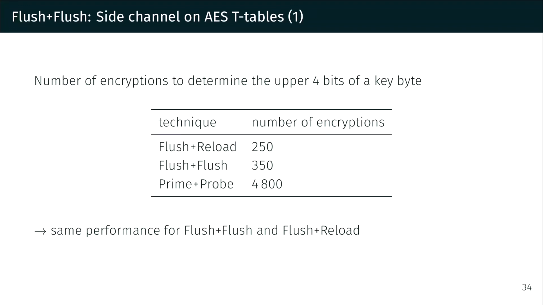Flush+Reload is a bit better, so we need only 250 encryptions to recover these bits. But Flush+Flush comes quite close with 350. And Prime+Probe is actually the most noisy of them all. It needs close to 5,000 encryptions. So we have around the same performance for Flush+Flush and Flush+Reload.